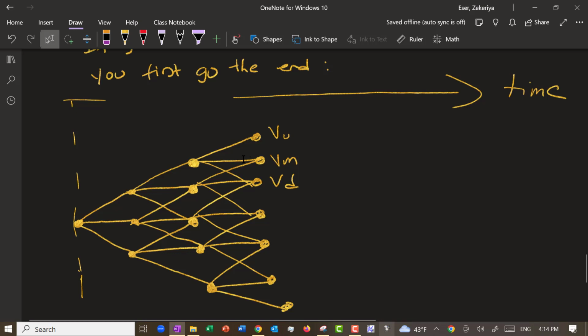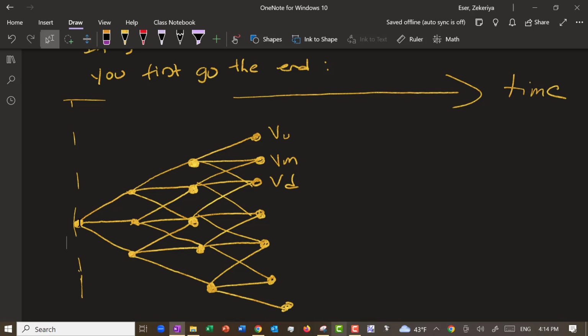Value function is discounted expected value of up node, middle node, down node. Once you define the node object, all you have to say is, okay, let's set the values of the final nodes. And internally, you have the structure. All you have to say, give me value 0, 0. That's it, done.